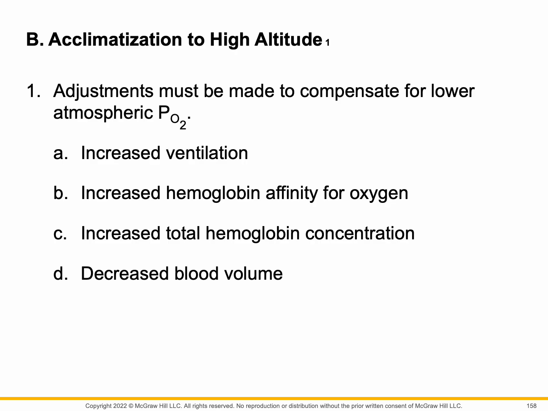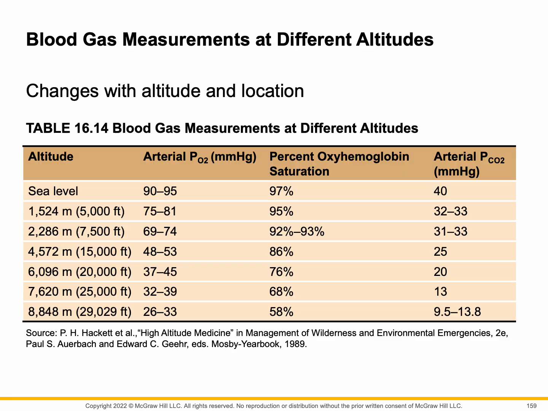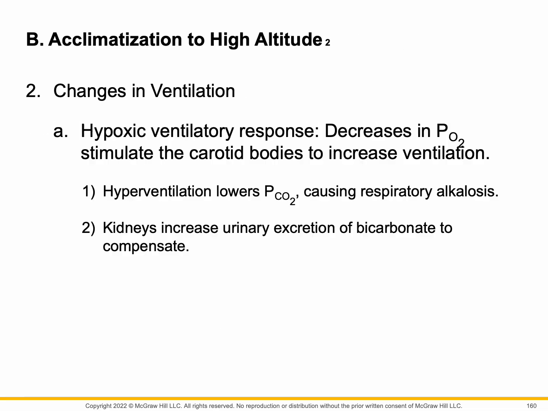It's regulated hormonally by suppressing the renin-aldosterone axis and increasing the atrial natriuretic peptides, as well as the acclimatization timeline. Take note of the trends in blood gas measurements at different altitudes in Table 16.14. And so then the body compensates for this change in availability of oxygen.